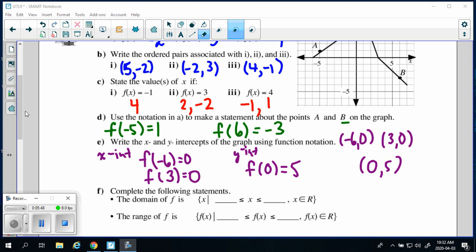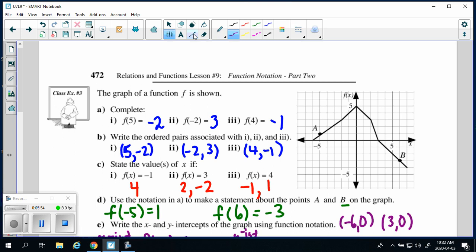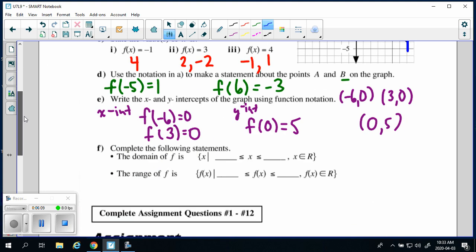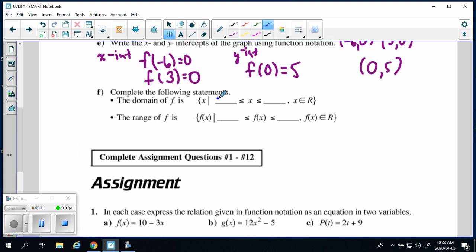Last part is asking us about domain and range. I have just erased all the scratching so that we can clearly see this. So as always, when we are looking at the domain, we're looking at the bounds of x. What value does it go between? Looks like it goes between negative 6 and 7. So just like any domain, we can write that x goes between negative 6 and 7.